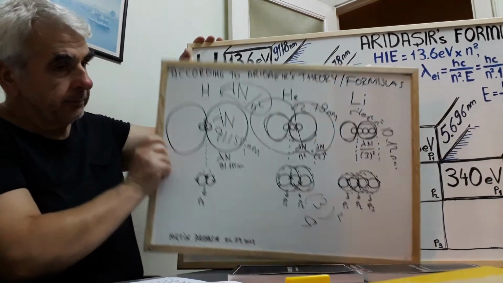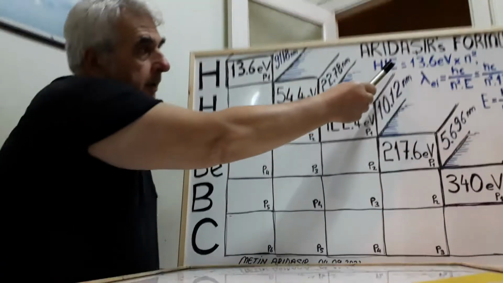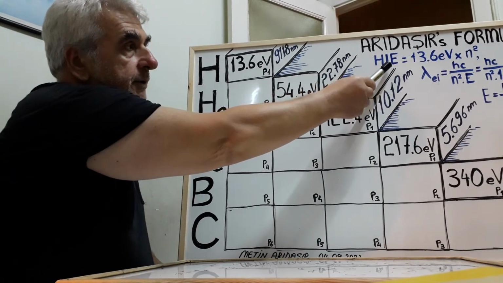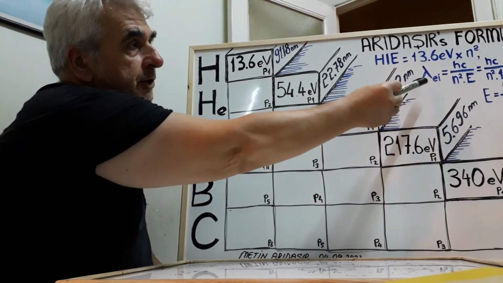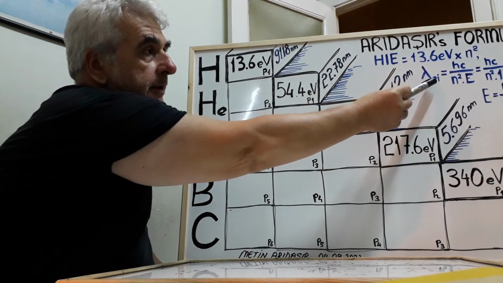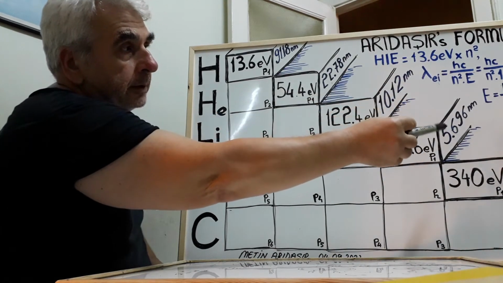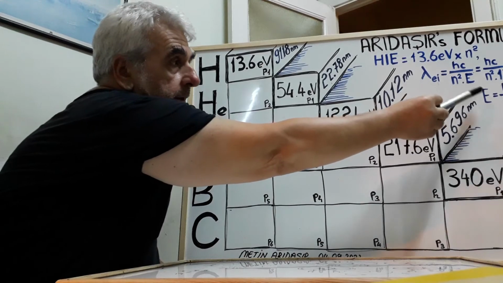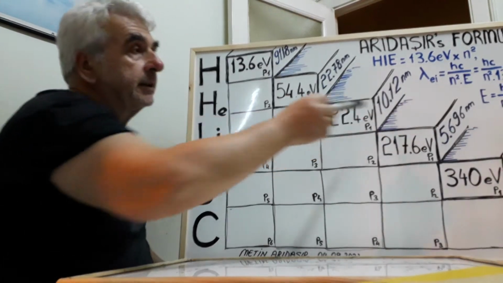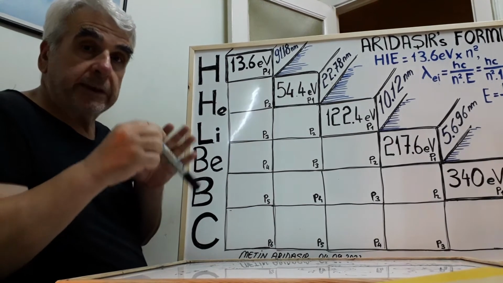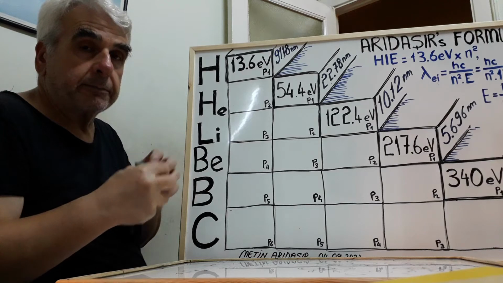Now, here, highest ionization energy formula, my formula, smallest electron motion forms wavelength formula that I put forth, and smallest electron motion forms energy formula that I put forth in an atom. Okay?